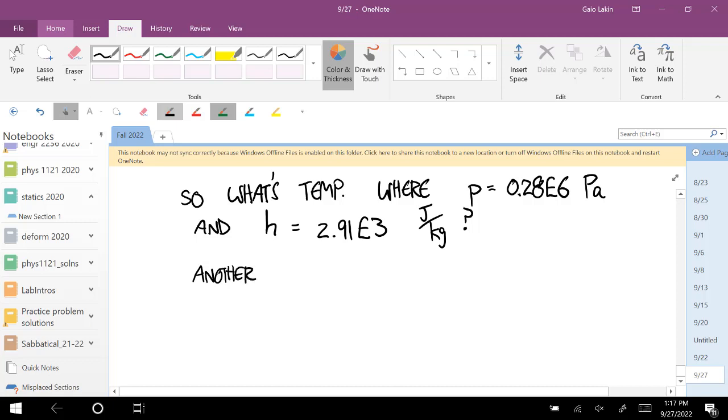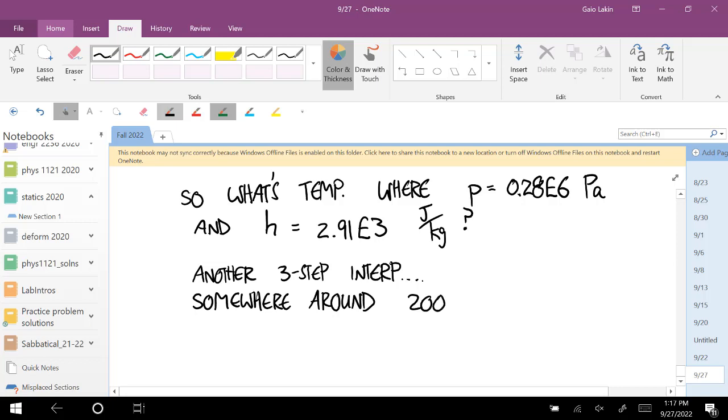So this would be another 3-step interpolation. But that temperature is somewhere in the range of 200 to 240 degrees Celsius.